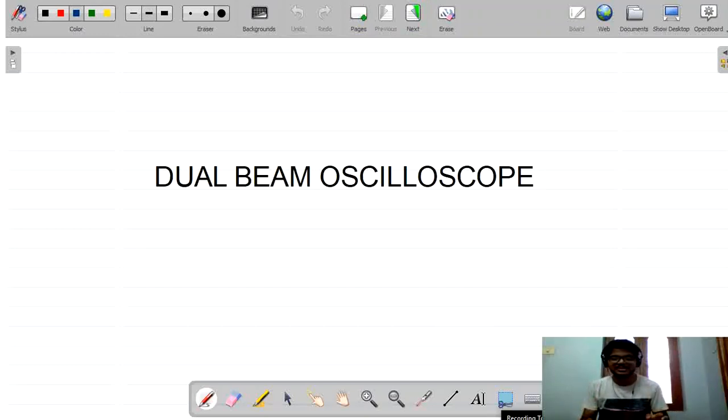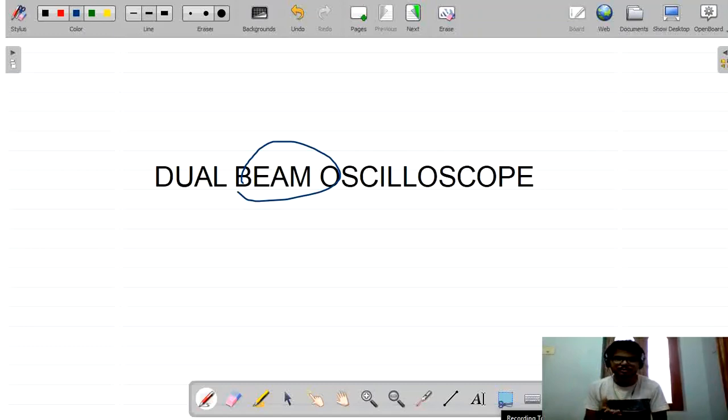Guys, now we are going to discuss a special purpose oscilloscope called the dual beam oscilloscope. Before entering the concept, why do we need to study it? As there is a general purpose oscilloscope, why focus on this special purpose oscilloscope?